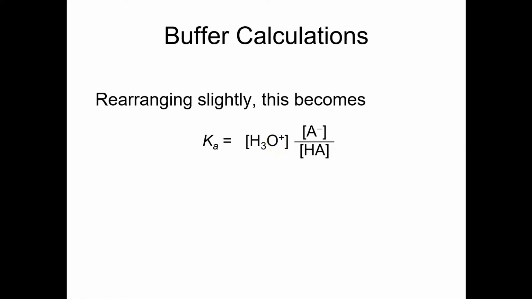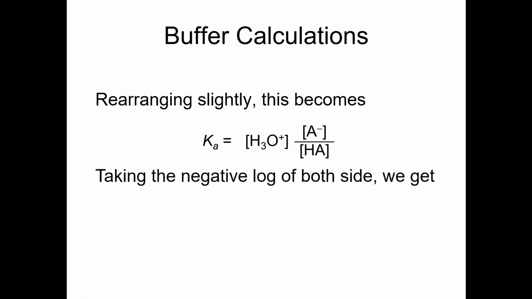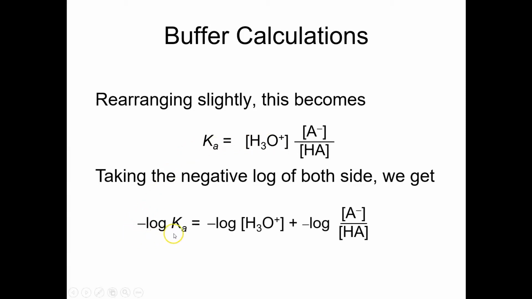Now I'm going to take the negative log of both sides. I get the negative log of Ka is equal to the negative log of the hydronium ion concentration plus the negative log of the conjugate base species present over the weak acid species present. That negative log of the Ka is what we call the pKa.